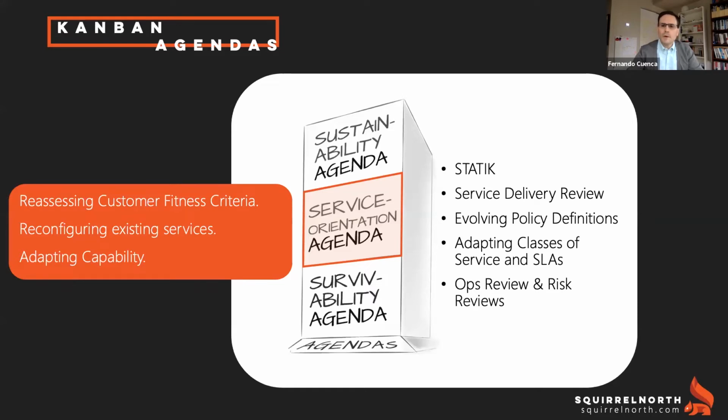So maybe this is the time to reassess our understanding of fitness criteria, evaluate new expectations, and based on that, reconfigure existing services or adapt our capabilities. The main tools for this are going to be things like STATIK and the Kanban cadences. We're going to be going into more detail about those later in the webinar.